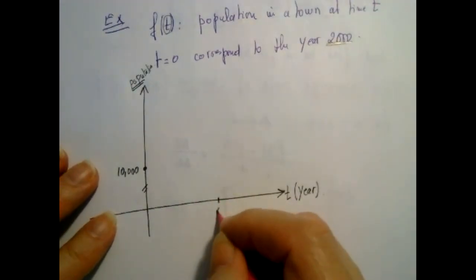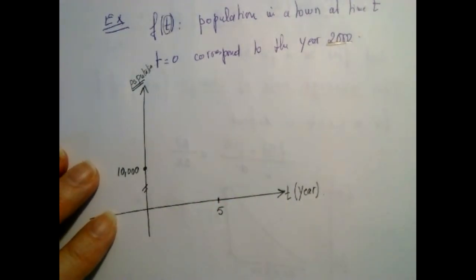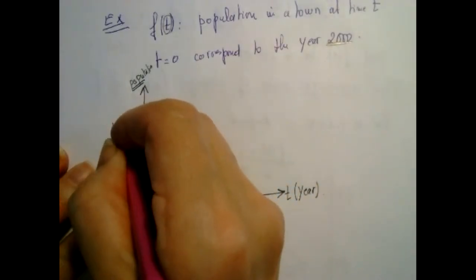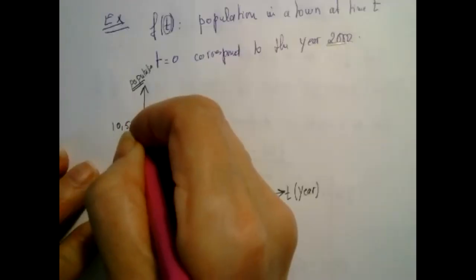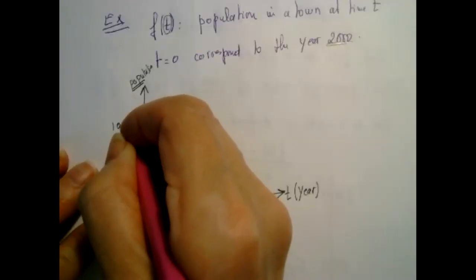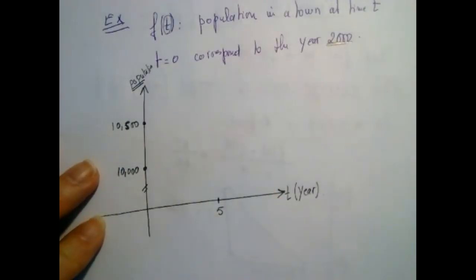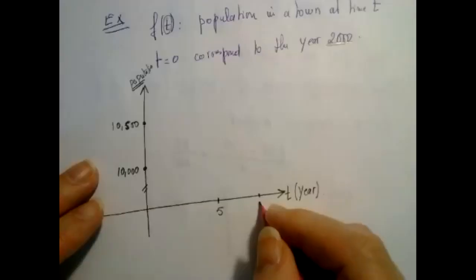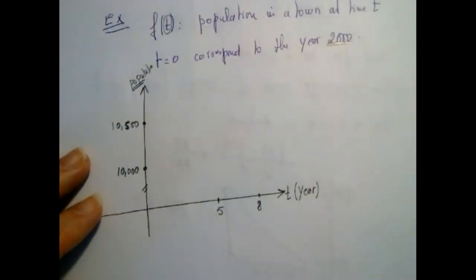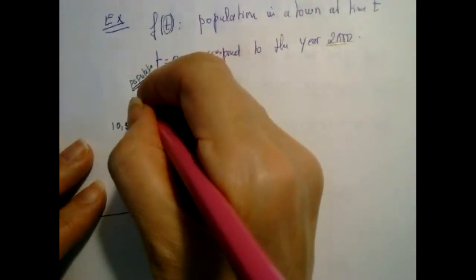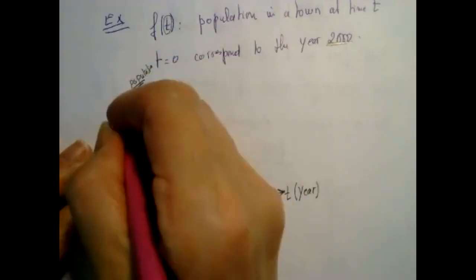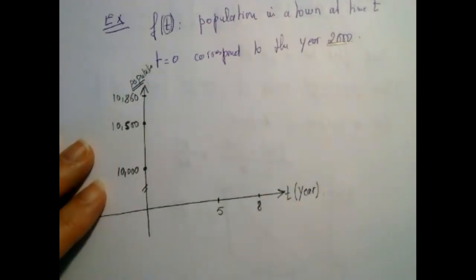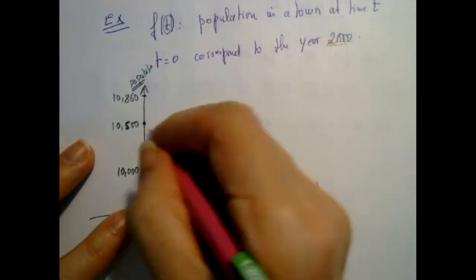And let us say after 5 years, the population grew, so it's 10,500. I'm taking simple numbers in this problem. And then let us say I don't want to take the same interval. After 8 years, the population grew and it is 10,860. So now my graph is going to look like that.